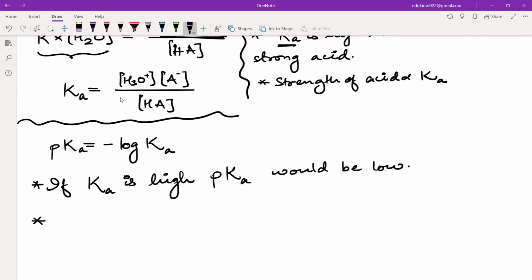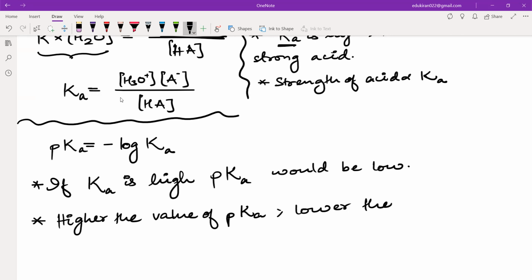That means I can say higher the value of pKa, lower the value of Ka, and weaker is the acid.